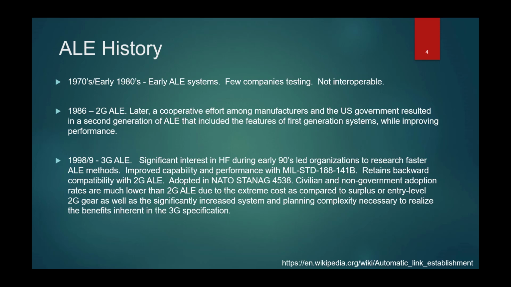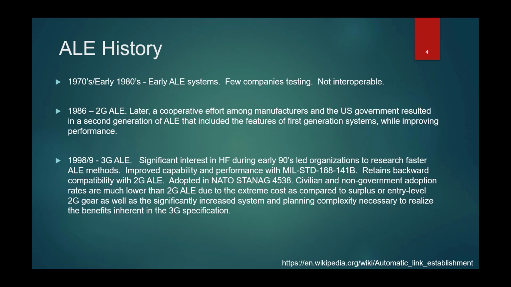So in 1986-ish, around that time frame, second generation automatic link establishment was finally adopted and put together through a standard. The MIL standard 188, at that time 141A, was the initial one. Again, it was the cooperative effort of several manufacturers and the U.S. government.